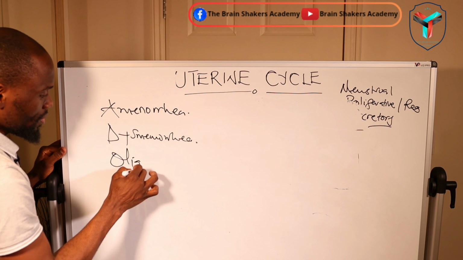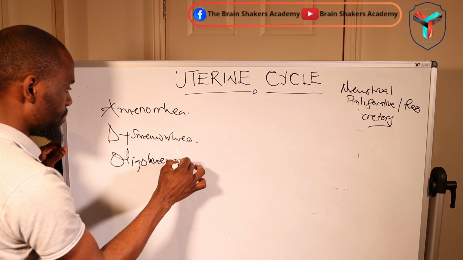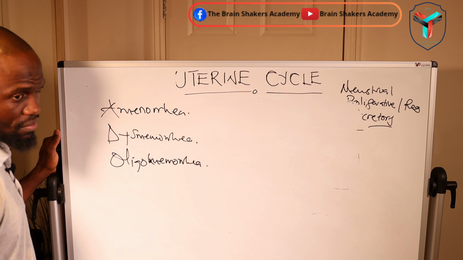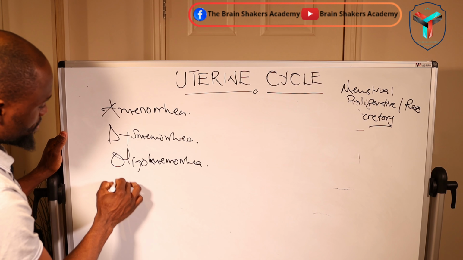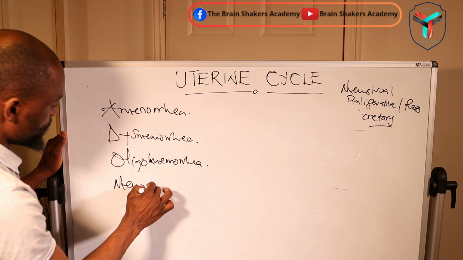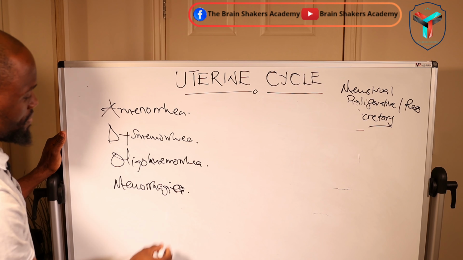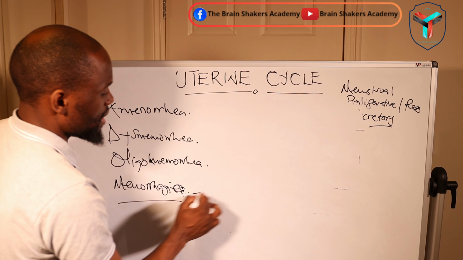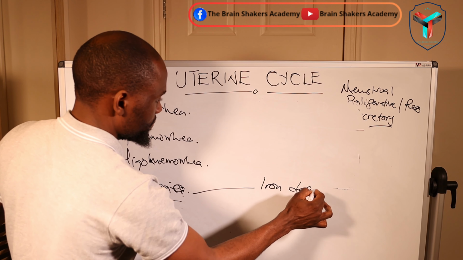And then you have also oligomenorrhea. These are just scanty amounts of menses. And then you have also menorrhagia. These are heavy periods. If they get to a stage where they are having these heavy periods, they are more prone to what we call iron deficiency anemia.